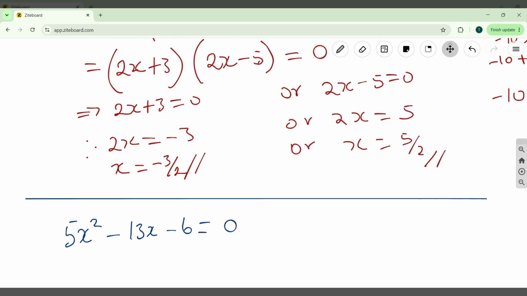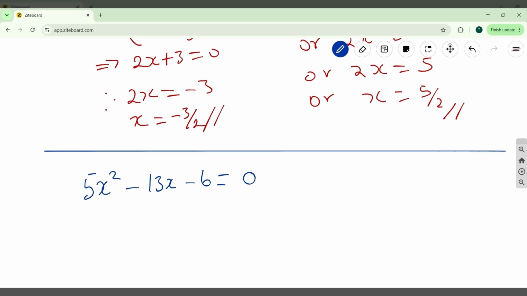So if we are to solve this, the same procedure we use, we're going to look for two numbers such that we'll multiply a by c, we'll have d, and look for two numbers such that we'll multiply them, we'll have that value of d, and we'll sum those numbers, we'll have the value of b.